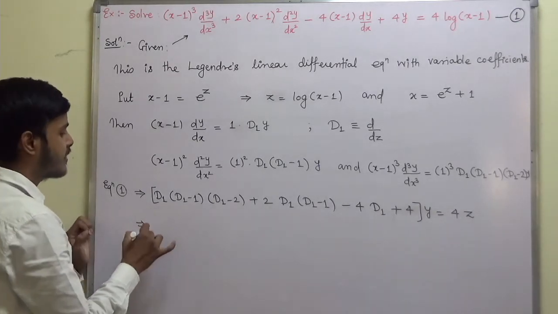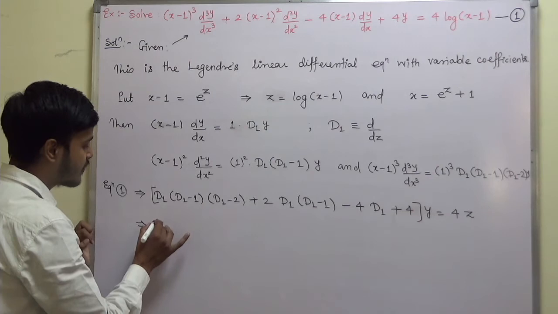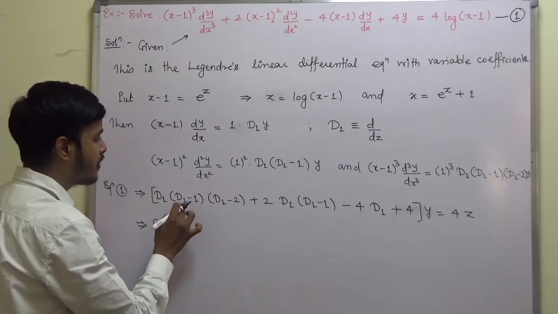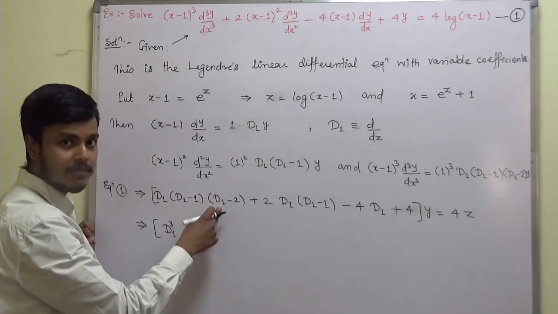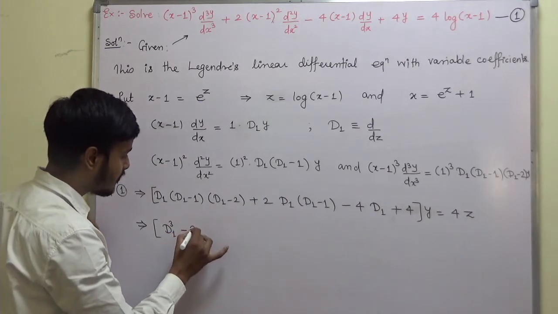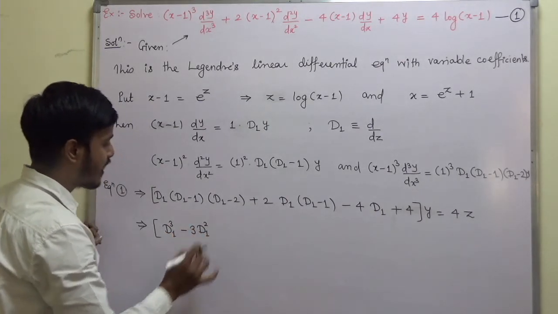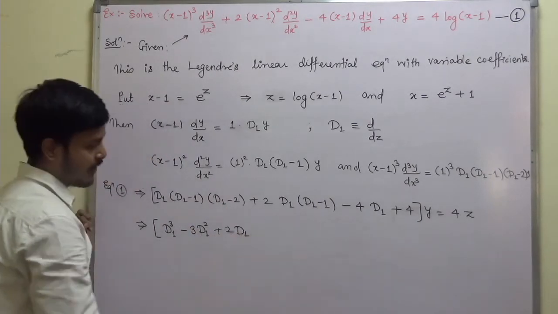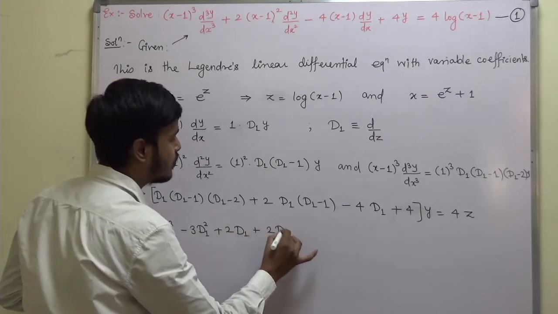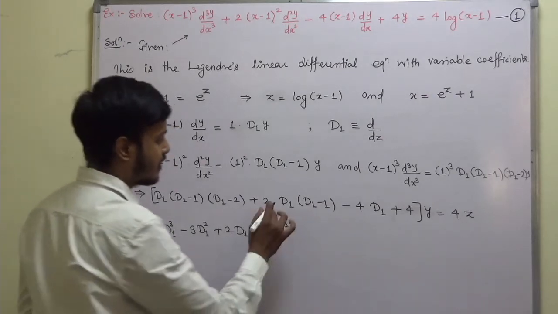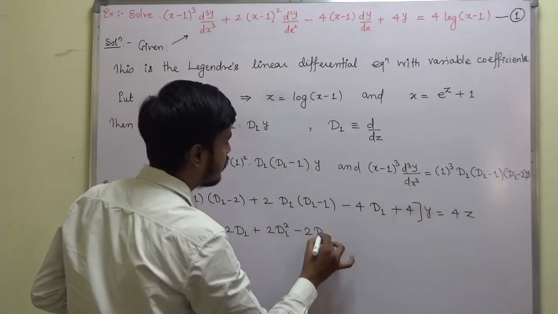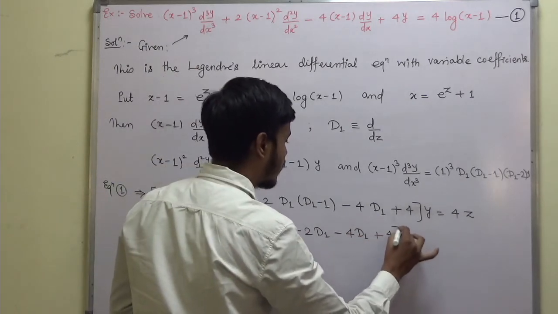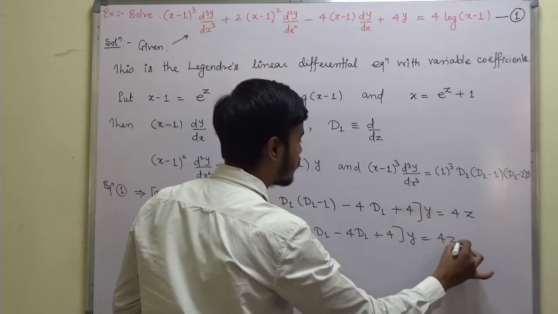Now multiply this out. So this would be D1 cube, minus 3 D1 square, plus 2 D1, plus 2 D1 square, minus 2 D1, minus 4 D1 plus 4, operating on y is equal to 4z.